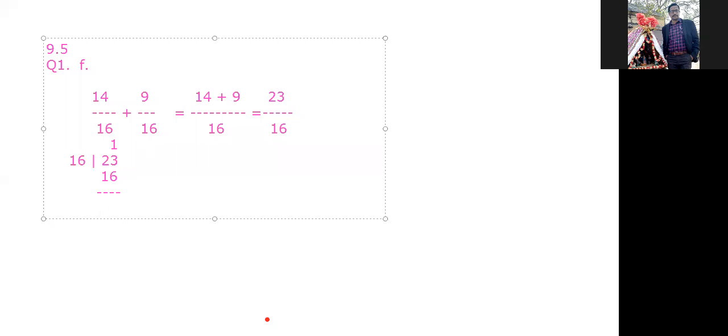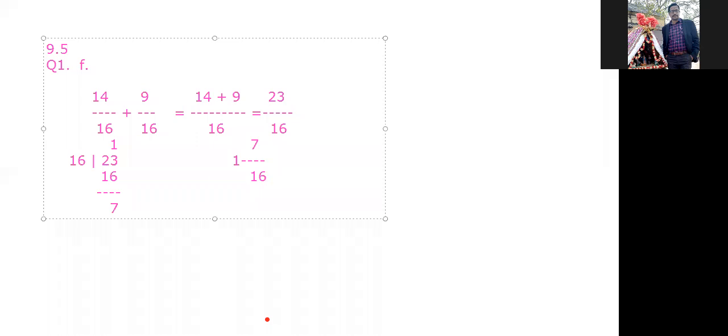So the result we write as 1, then the fraction with numerator 7 and denominator 16. So 1 and 7 by 16. That is the result. Is it clear, everybody?